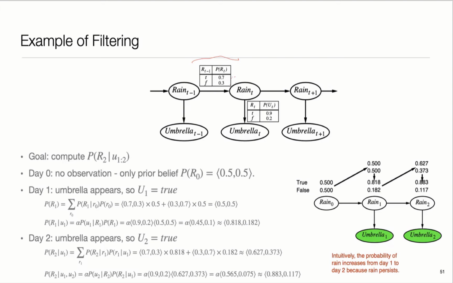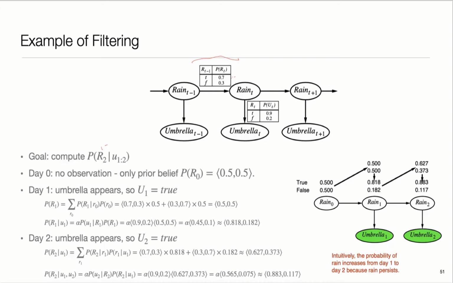So these are our two conditional probability matrices. And let's say our goal is the following. We have observations U1 and U2. So we are given two observations, and we want to predict the state of rain on day number 2.